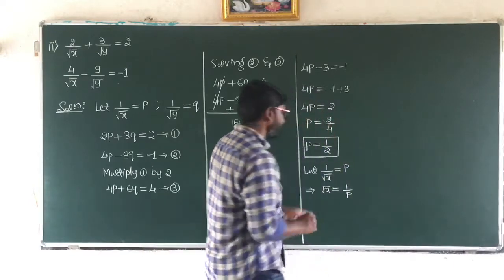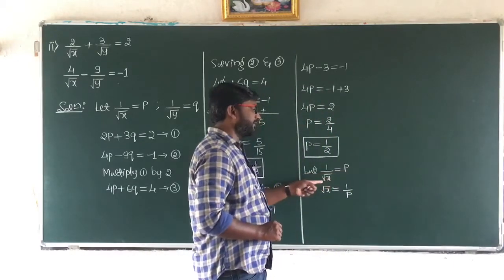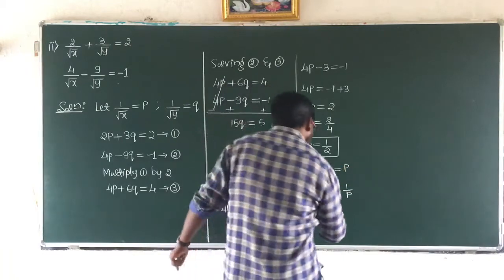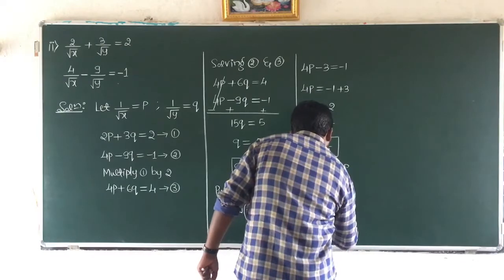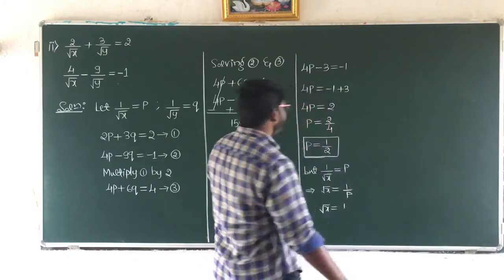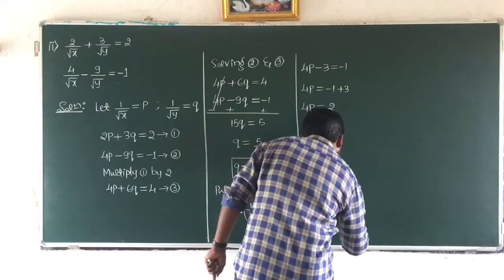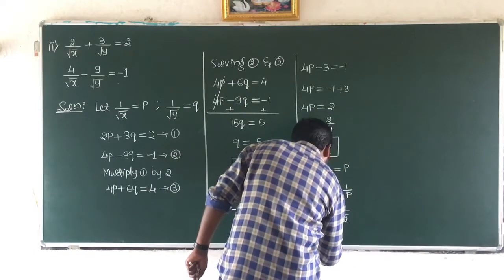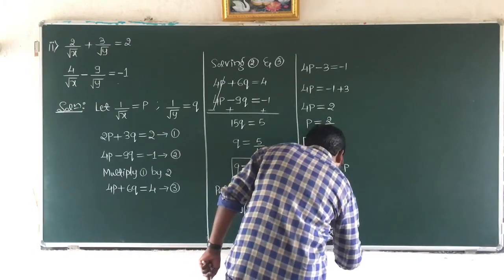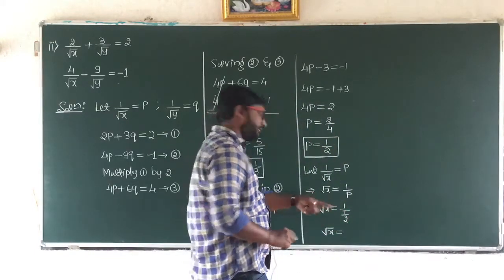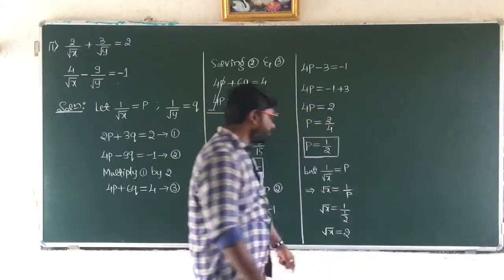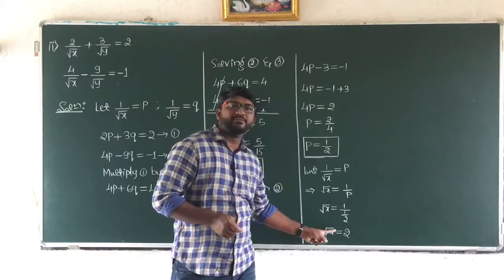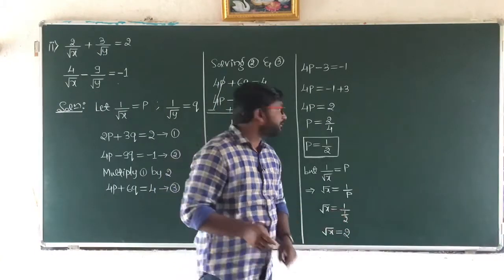Then root x equals 1 divided by, what is p here? It is 1 by 2. So now root x equals, this 2 goes to the numerator, it is 2. So root x equals 2. What about x now? Square on both sides, square and root cancel, we get only x. Here 2 squared will be 4.